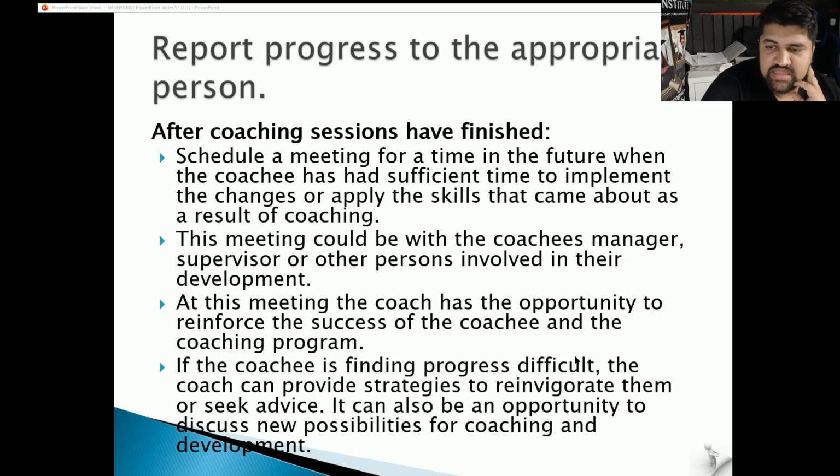At this meeting, the coach has the opportunity to reinforce the success of the coachee and the coaching program. If the coachee is finding progress difficult, the coach can provide strategies to reinvigorate them or seek advice. It can also be an opportunity to discuss new possibilities for coaching and development.